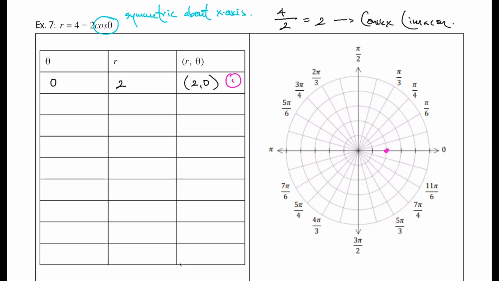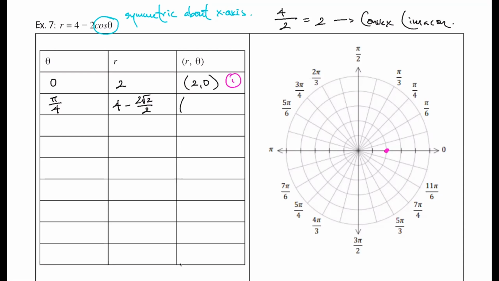Let's try pi over 4 and see what happens. We're going to need a calculator to help us figure out the actual decimal, but this should be 4 minus 2 root 2 over 2. Let's see what that gives us.